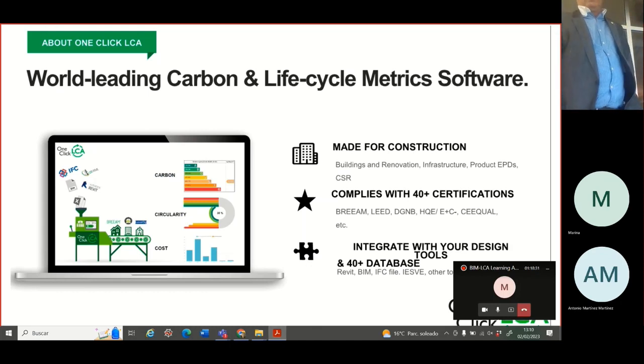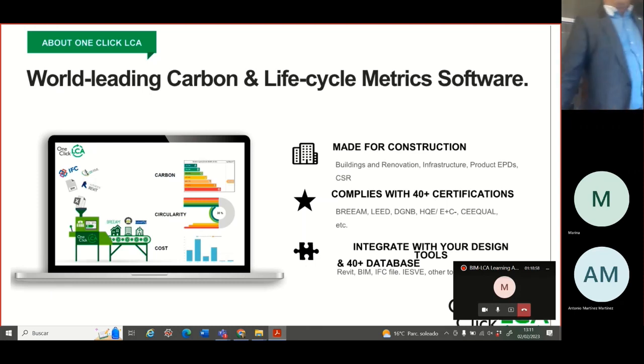They are good, but the idea is that you need this software if you're doing assessment. If you're trying to prove that it's BREEAM, LEED, or green homes, then you need to use this software. We have discussion if it's correct or not, but for the moment you don't have a better one.